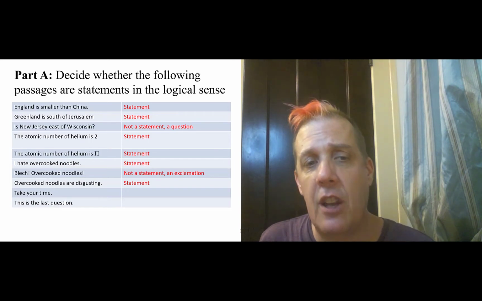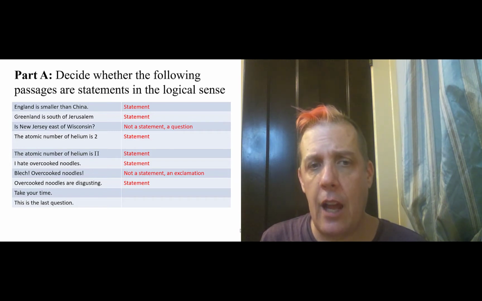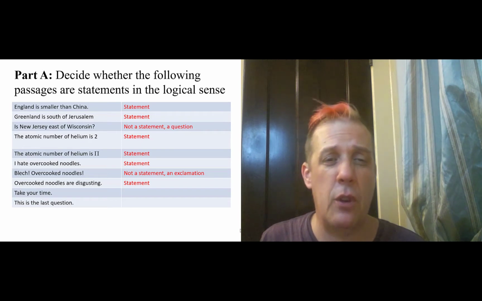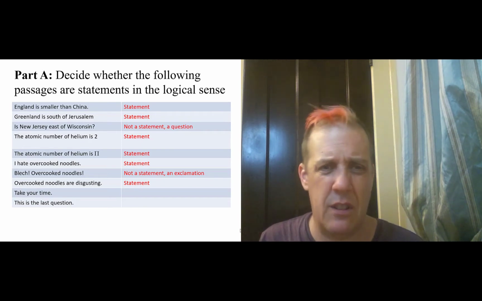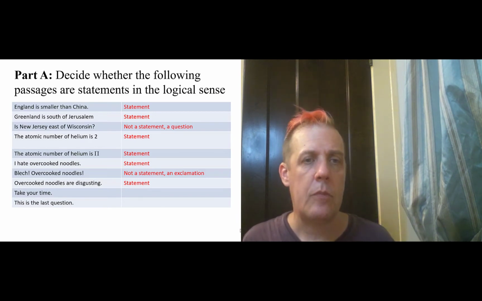It's funny because they all kind of do roughly the same thing, but only the first one and the last one have the form of a statement. Blech, overcooked noodles has the form of an exclamation, even though you could use them all in roughly the same contexts.